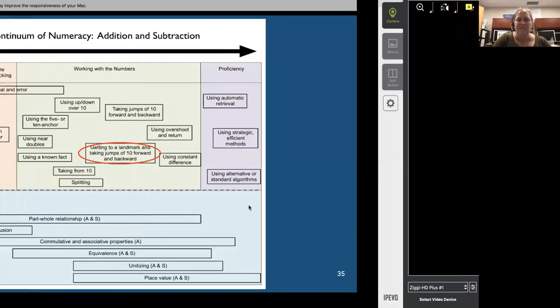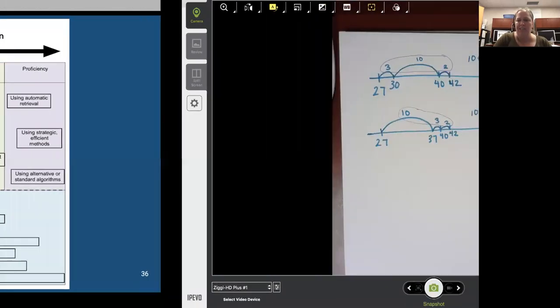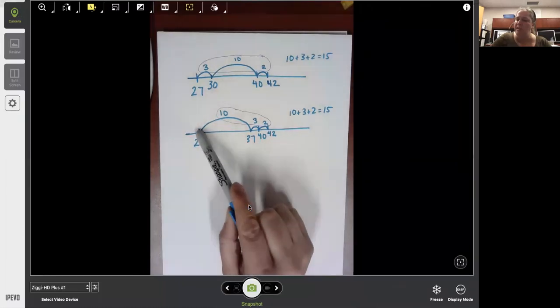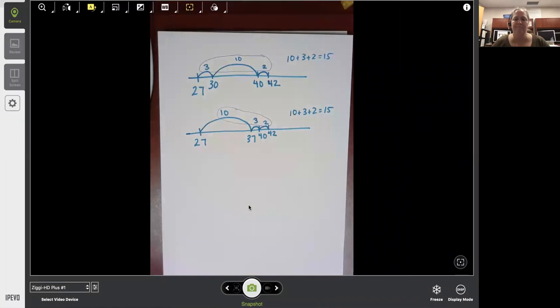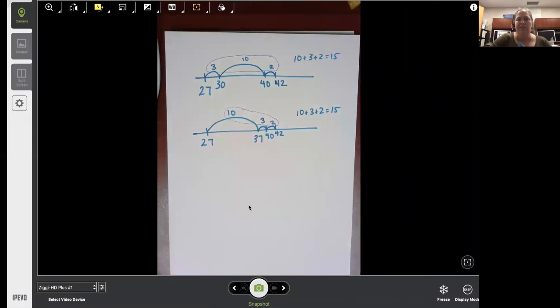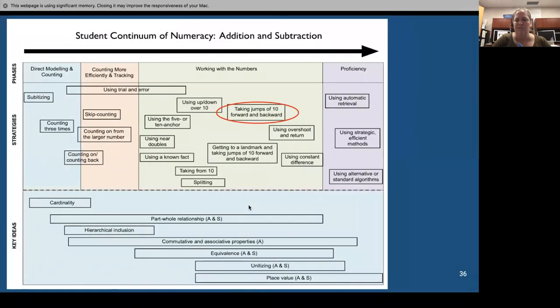Whereas for Alicia, you did taking jumps of 10, in this case forward, and the reason why I know that is because the very first step that you did was that leap of 10, and then you figured out the rest. So when you're trying to figure out a student strategy, which one is which, you're looking at what's the very first thing they did. Did they go to those decade numbers first and then take leaps, or did they just leap from wherever they were starting?